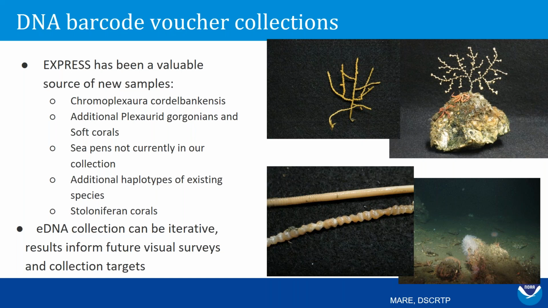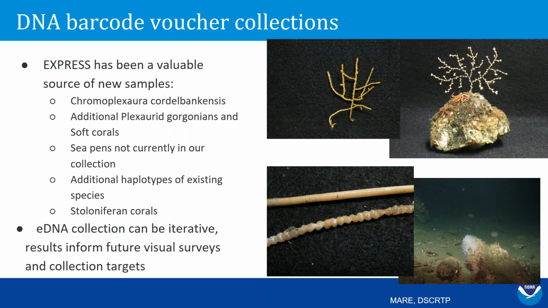So overall, the Express cruise has also just been a really valuable source of new samples. We collected Chromoplexaura bankensis, which we collected the paratype, which is the second sample of a new species. That's a recently described gorgonian. It's this little yellow one. We were also able to collect a lot of Plexaurid gorgonians and soft corals that we knew were there.